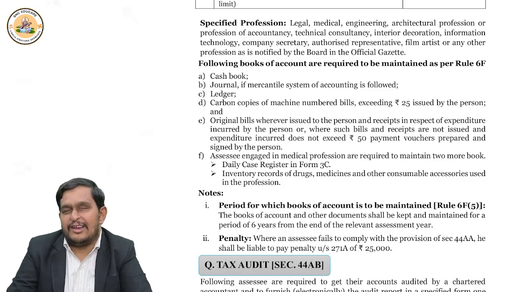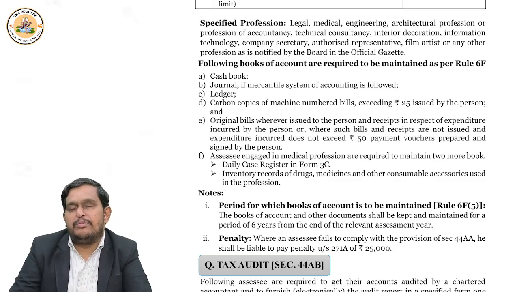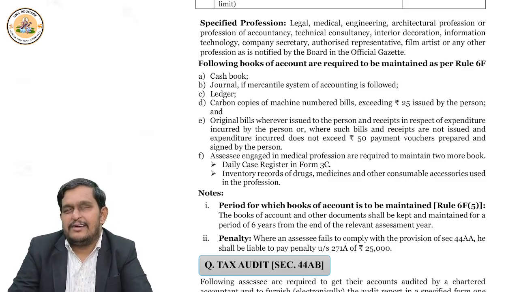Because in the digital world, the era of SAP, Oracle and all that, as of now, businesses are moving towards it. But then think about small businesses, right? They still maintain cash bills and records on paper only. For them, these rules are still relevant.